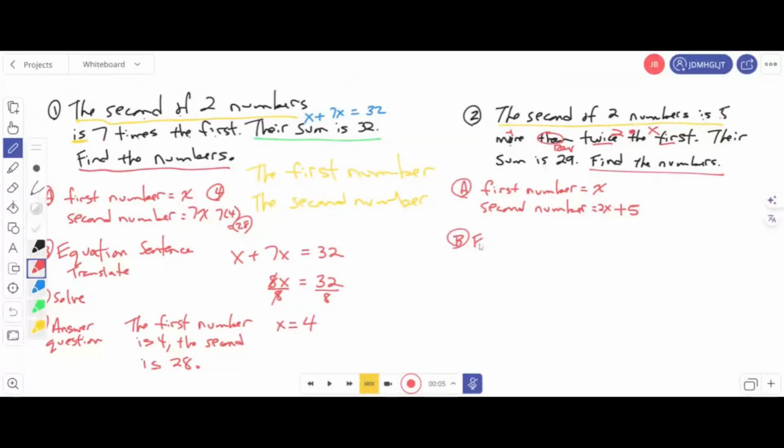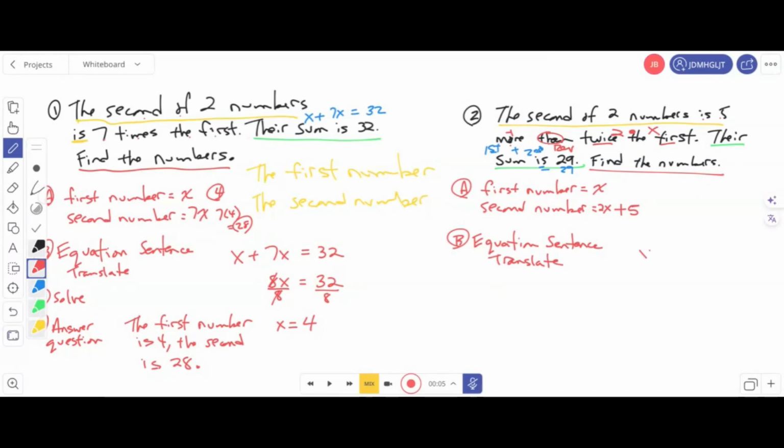Now we find the equation sentence. The equation sentence is very short. Their sum is 29. So we translate. Their sum means the first number plus the second number equals 29.